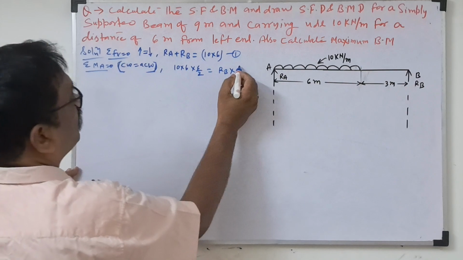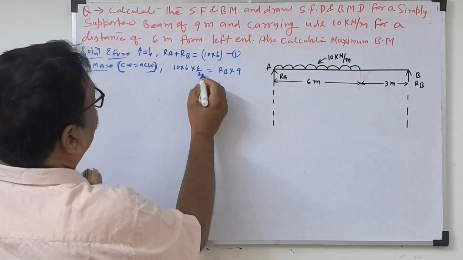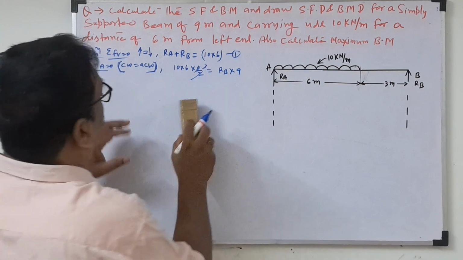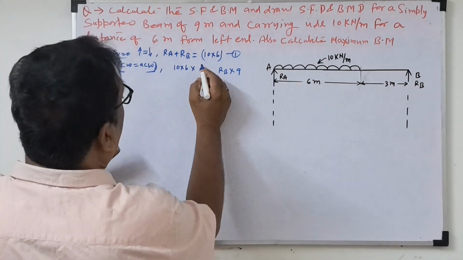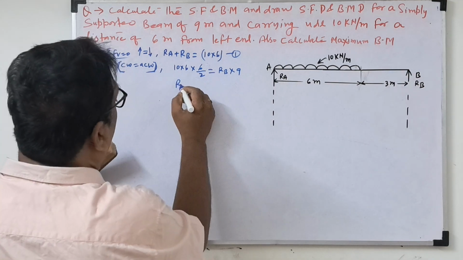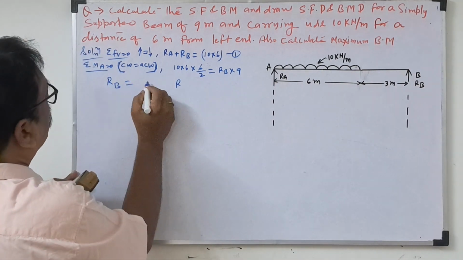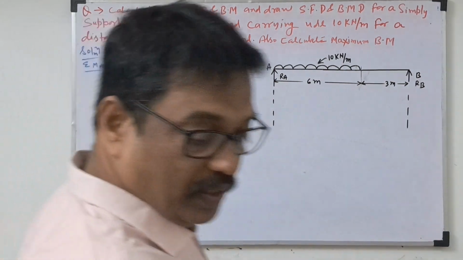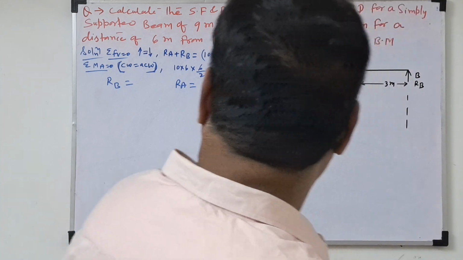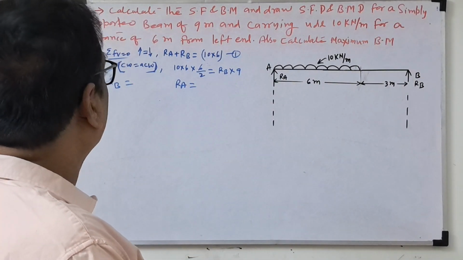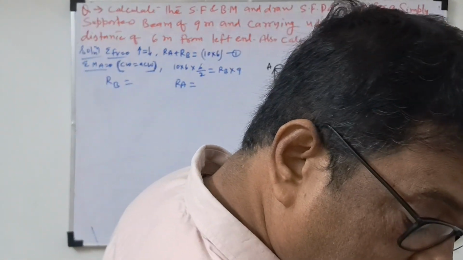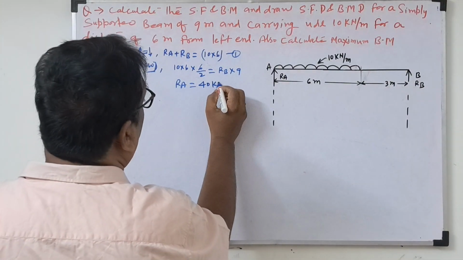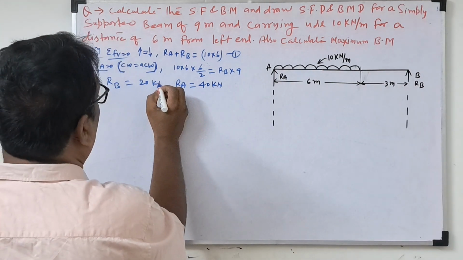Now substitute this RB and you will get the values of RA and RB directly. RA comes to 40 kilonewton and RB comes to 20 kilonewton.